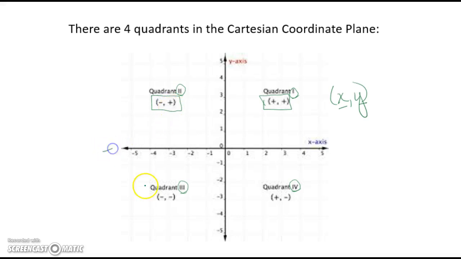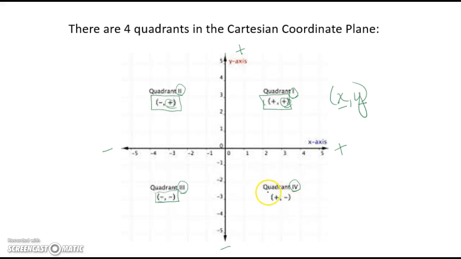We are on the negative end of the x-axis here, the positive end of the x-axis here. And in both of these quadrants, we are on the positive end of the y-axis. In quadrant 3, both coordinates, x and y, are negative. We're on the negative end of the x-axis and the negative end of the y-axis.